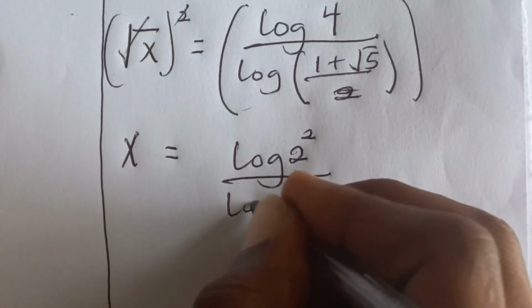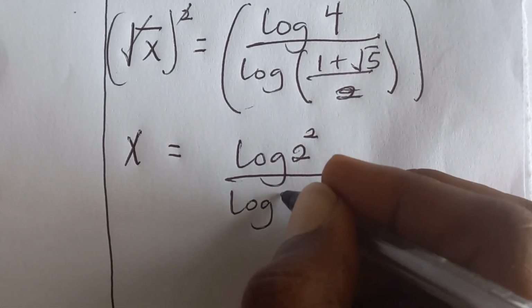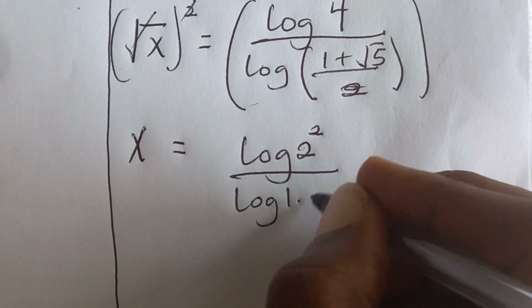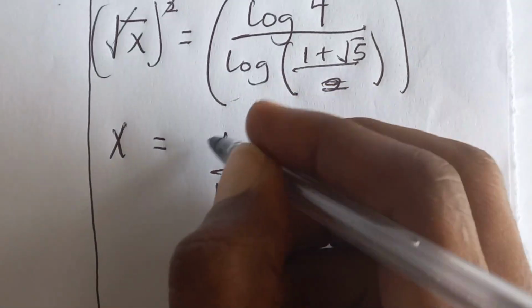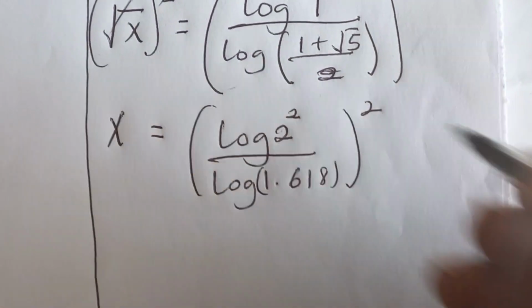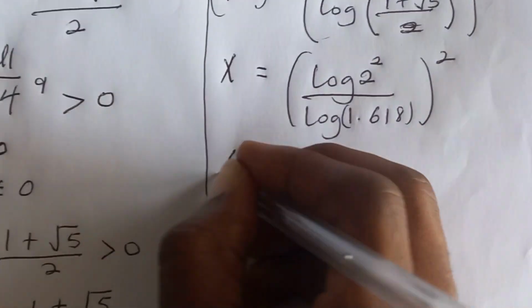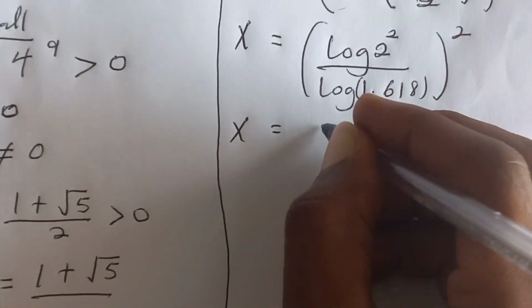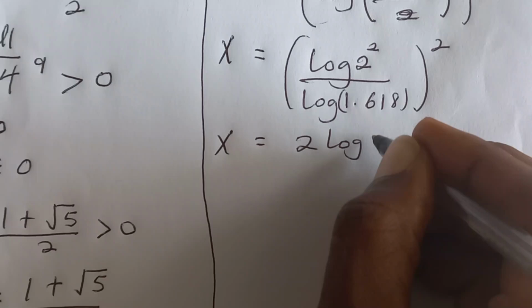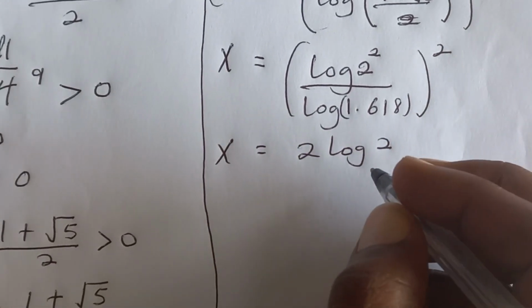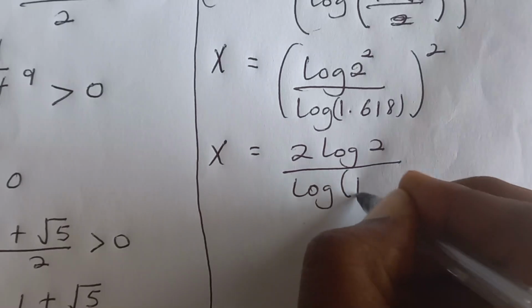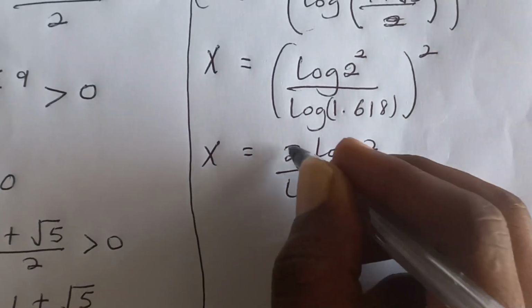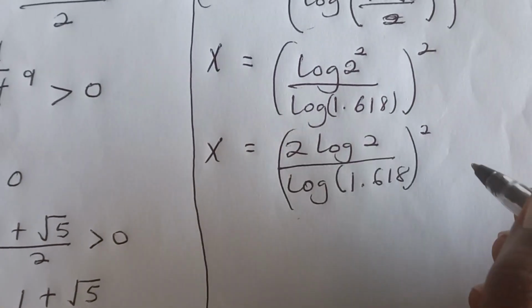So we have log 1.618, all into brackets squared. You can rewrite it as 2 log 2 over log into bracket 1.618, all squared.